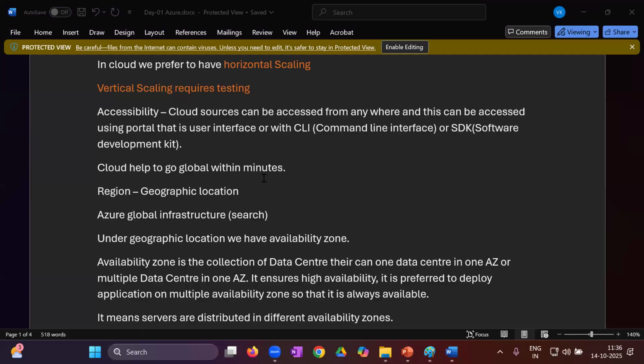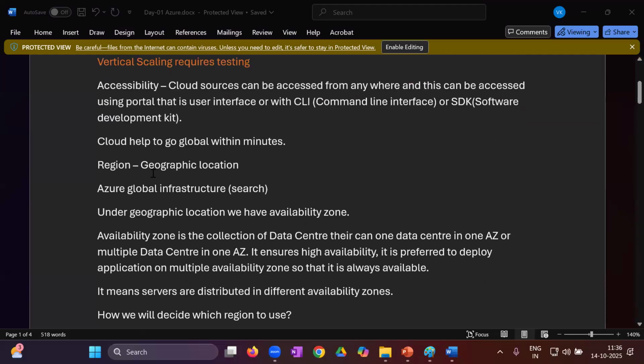No, you can upload it in the US also, right? So in the case of Azure, we have one term that is called region. What is this region? Region is the geographical location of the server. Region means what? Geographical location of the server.